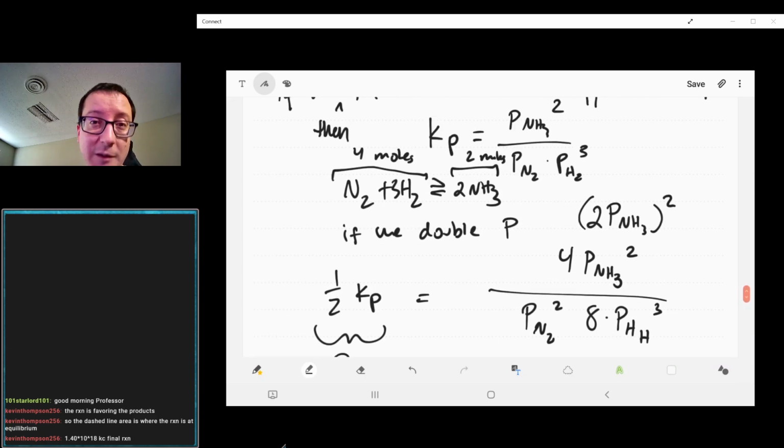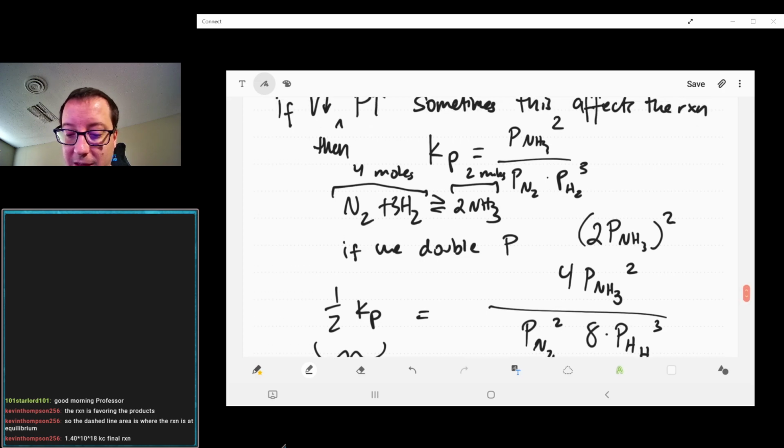That's going to increase the concentration. So it's going to be working exactly the same way, looking at it in terms of concentration instead. This is not really a concern for aqueous things because it's very hard to change the volume of that. Unless you boil some water away or something, it's not really sensible. Whereas with gases, we can change the pressure, no problem.